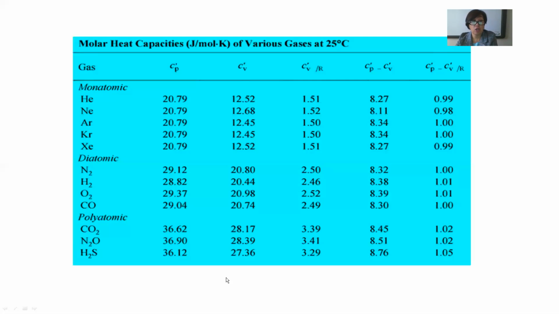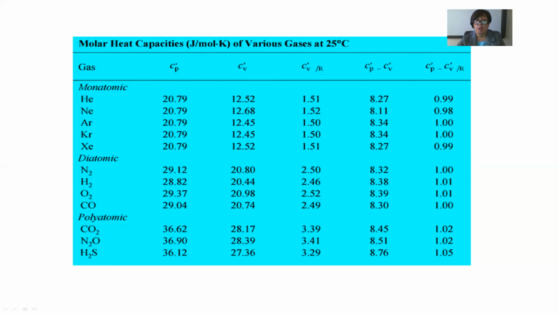Here the table shows the molar heat capacity of various gases at 25 degrees Celsius. There are monatomic, diatomic, and polyatomic gases.